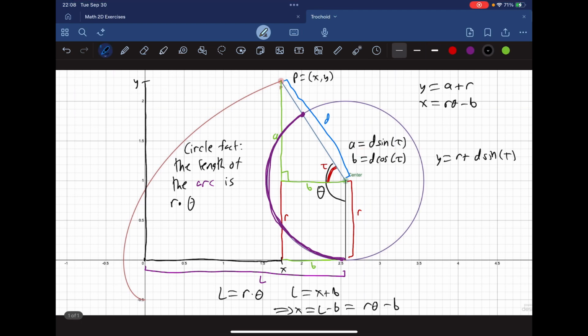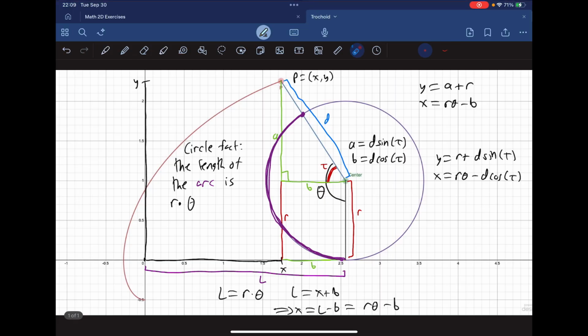And similarly, x is equal to r theta minus d cosine of tau. And all that remains to finish up with the equations that we want is to rewrite this angle tau that we have in our trig functions in terms of theta.